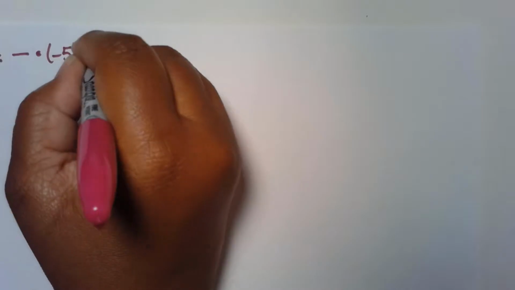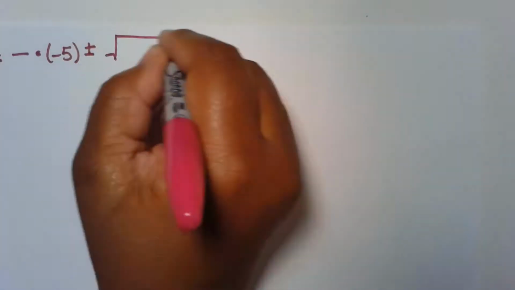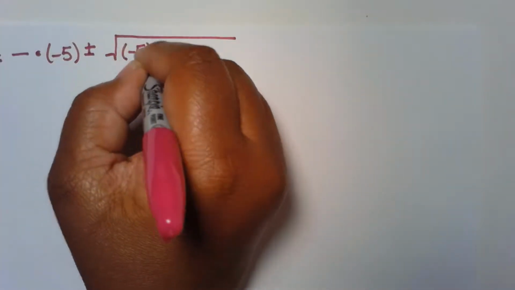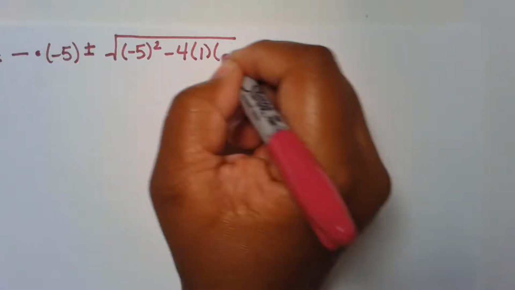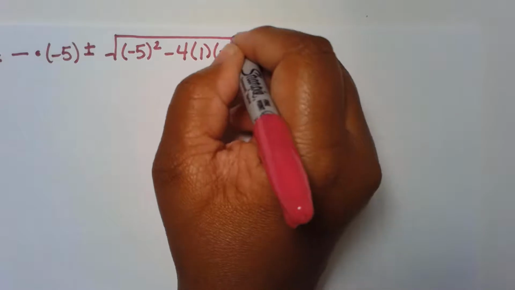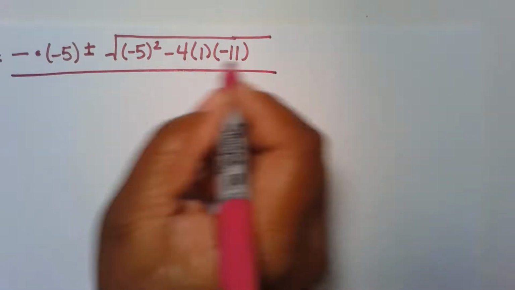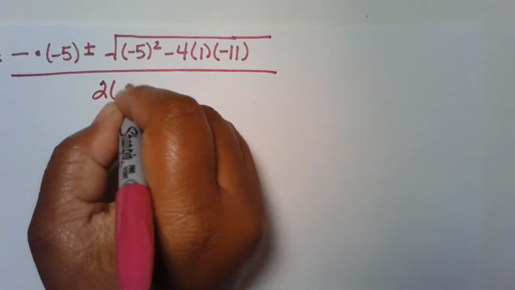All right, so let's plug those values in for A, B, and C. We have here x is equal to negative times negative 5 plus or minus the square root of negative 5 squared minus 4 times 1 times negative 11, all over 2 times 1.